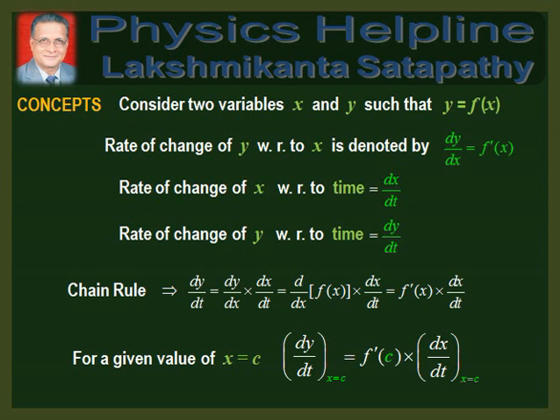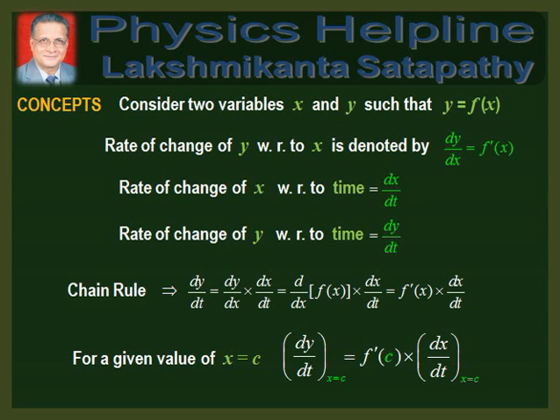Therefore, rate of change of y with respect to x is given by dy by dx is equal to f dash x. When both x and y change with time, then we have rate of change of x with respect to time is equal to dx by dt, and rate of change of y with respect to time is equal to dy by dt. To establish a relation between the two, we proceed as follows.